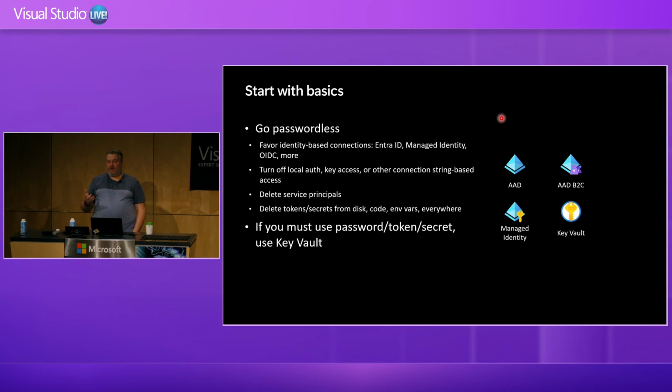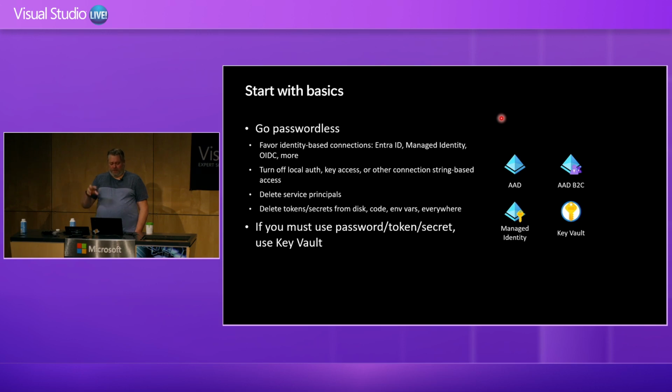The first thing is to try to go passwordless. So favoring identity-based connections, like using Entra ID, Managed Identity, OpenID Connect, and all of those. And when you do, as you switch over to using identity as much as possible, then turn off local auth key access and other connection string-based access to your event sources for your function app.